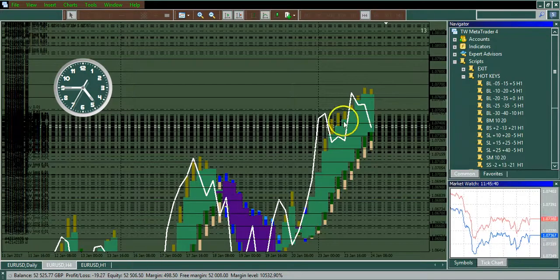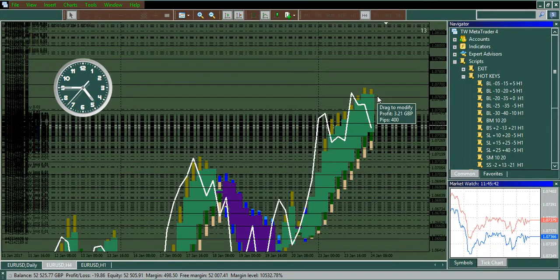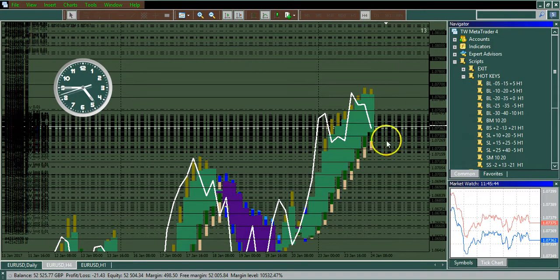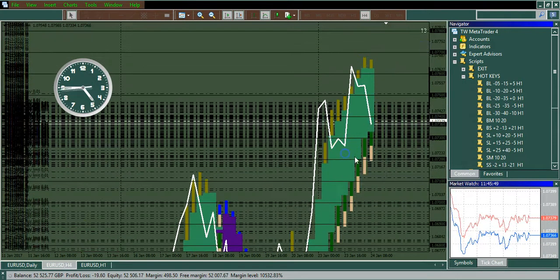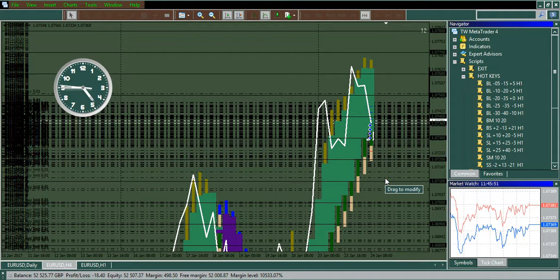Amazing. Okay, we're still buying the pullback here. Pull back into this top. 10 pips to go. More buy limits. These are just the scalps, and then nothing's set up here to make a bunch of money.